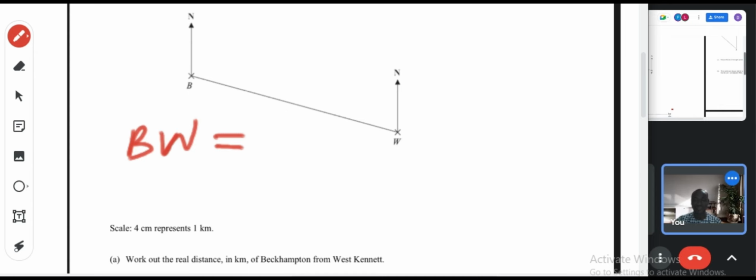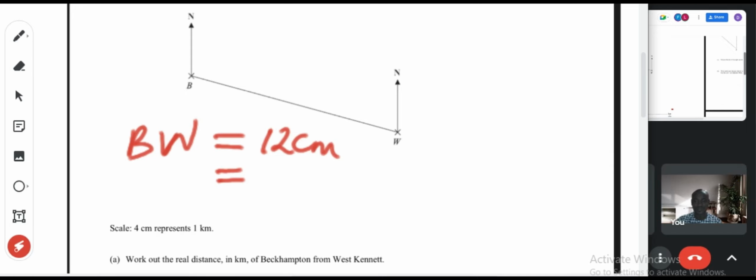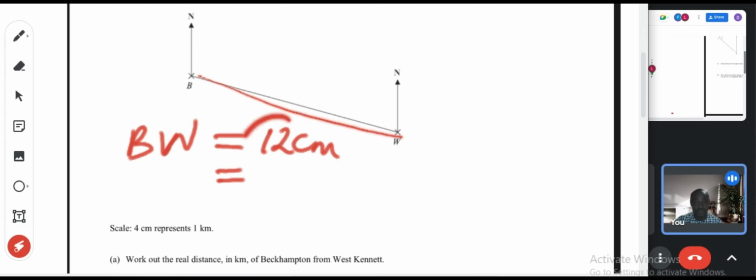Cool. So, assuming you measured BW and you got, say, 12 centimeters, what's the real length? Remember, 4 centimeters represents 1 kilometer. So that would be equal to what? It'd be 3 kilometers. Yes, you measured BW to be 12 centimeters.